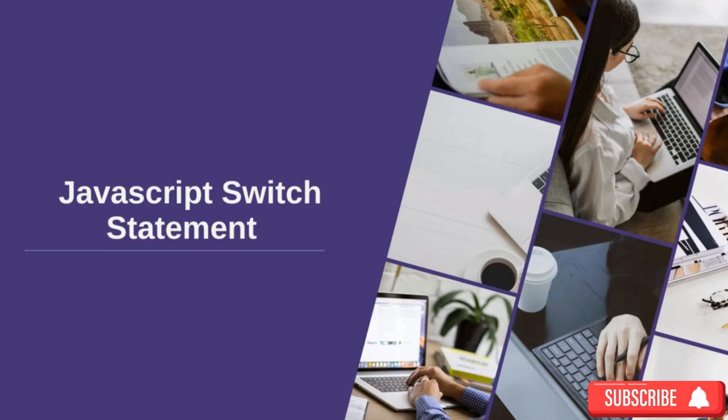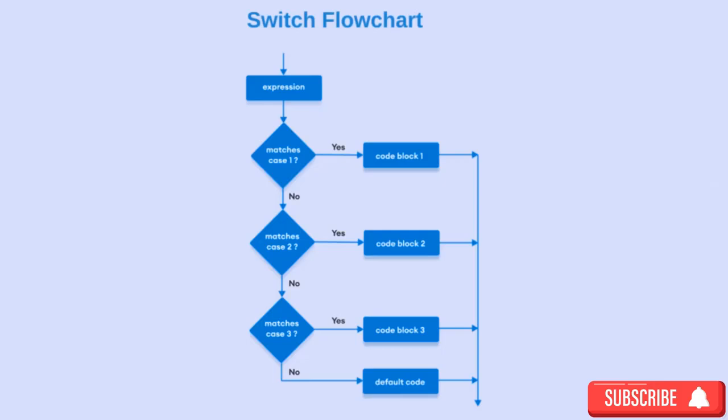In this video of JavaScript, we are going to start the switch statement. As in the previous video, we noticed that if we pass multiple conditions using the if statement, each condition is checked one by one, only if the previous conditions were false. But with the switch statement, things are quite different.